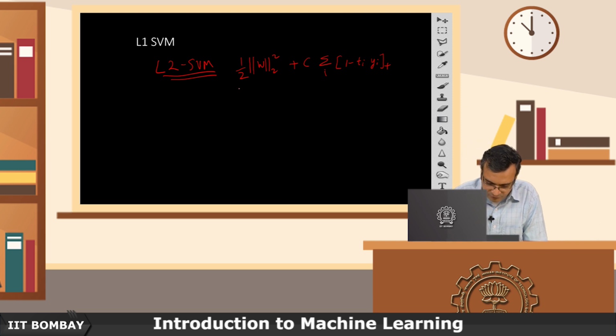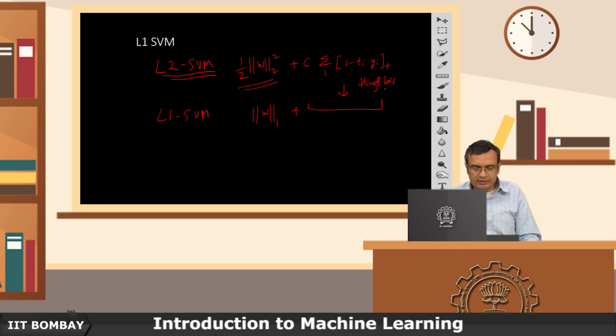So here we are shrinking that L2 norm on W. Instead we can have an L1 SVM where we have mod of W, the first norm of that, and the second term remains the same, whatever is the hinge loss. So this is your hinge loss.